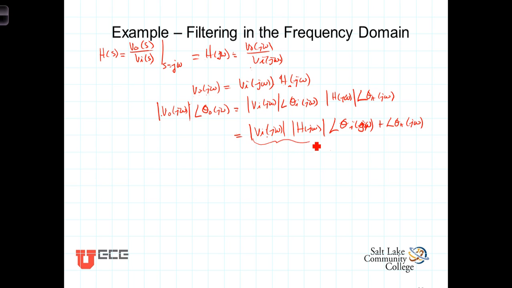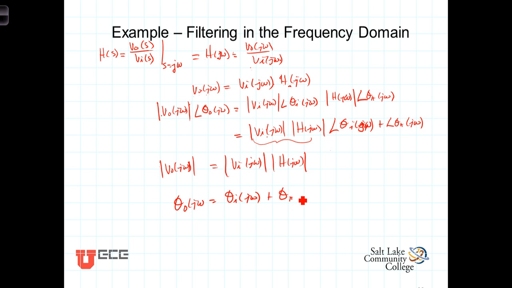The magnitude on the left side must equal the magnitude of the right side. The magnitude of the frequency spectrum of the output is equal to the magnitude of the frequency spectrum of the input times the magnitude of the frequency response function H of j omega. And theta out of j omega is equal to the phase of the input plus the phase of the frequency response function.